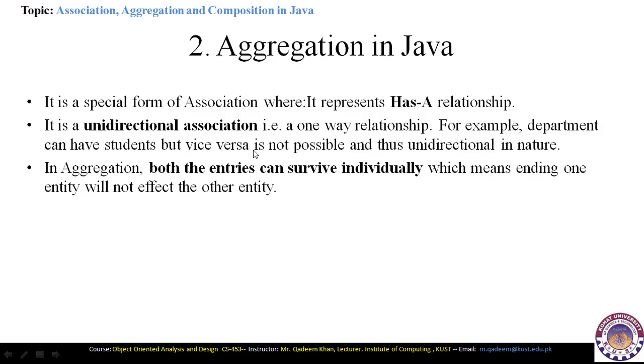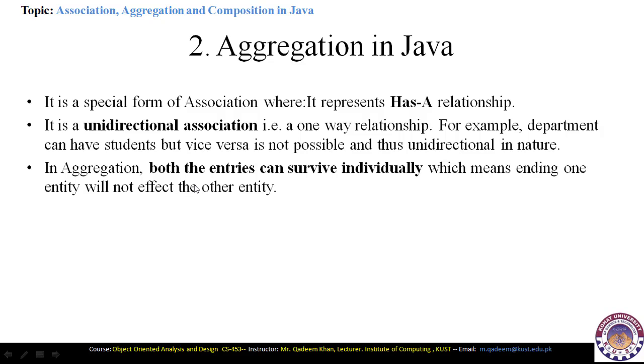That means students cannot have departments or multiple departments. For example, we cannot say that a wheel has a car. We will say that a car has a wheel. So that's why it is unidirectional in nature.